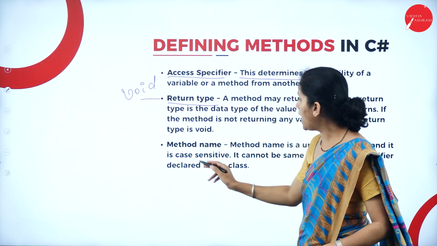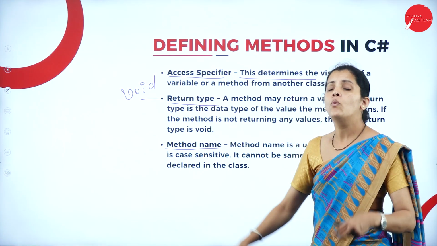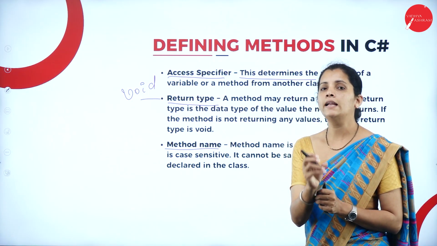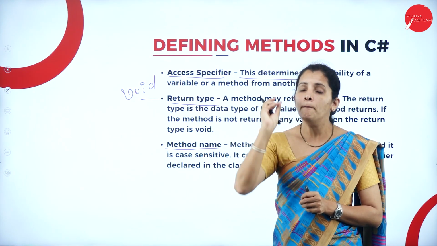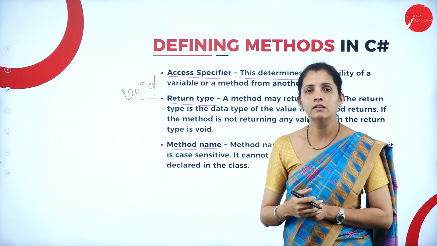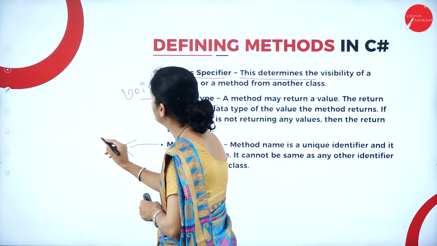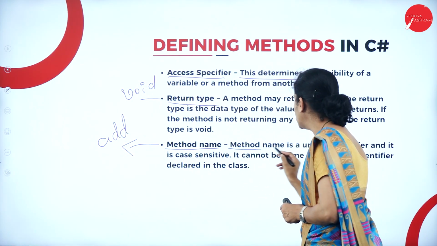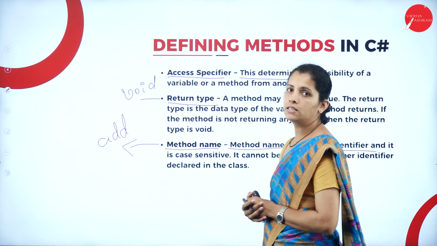Then I'm going to have the method name. Now dear student, I want to give a valid name to the method. For example, think that I'm going to add two numbers. Now I want to give a meaningful name. And what name can I give here? That is add. So I can specify the name called add. The method name is a unique identifier. What is an identifier?